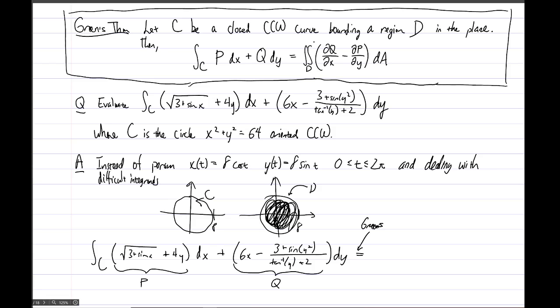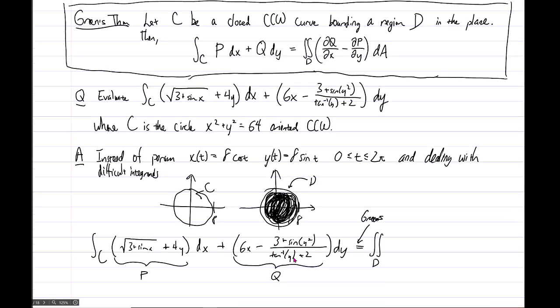Then by applying Green's theorem, we'll instead look at a double integral over D. We've already drawn that D is the filled-in circle of radius 8, or technically the disk of radius 8. But then the first term here should be the partial derivative of Q with respect to x. So stare at this, differentiate with respect to x. It's 6. That's it.